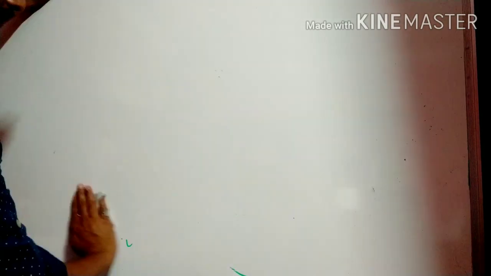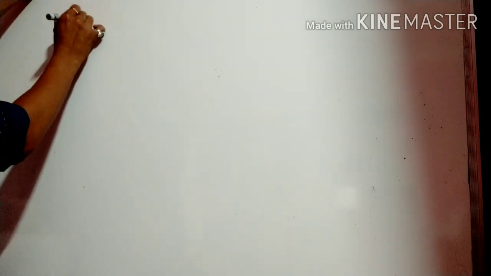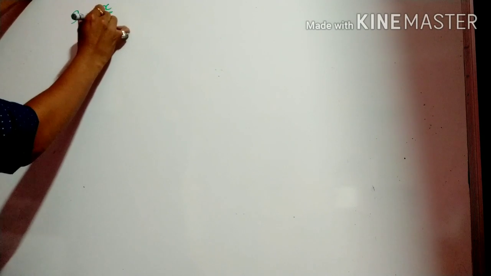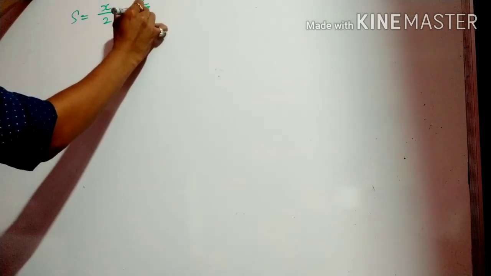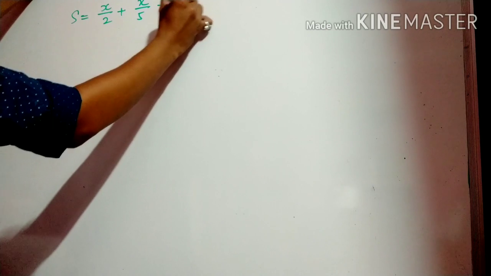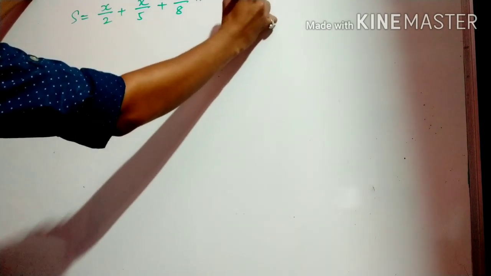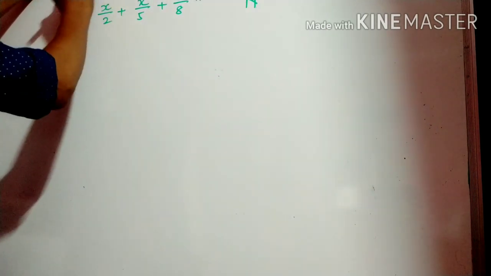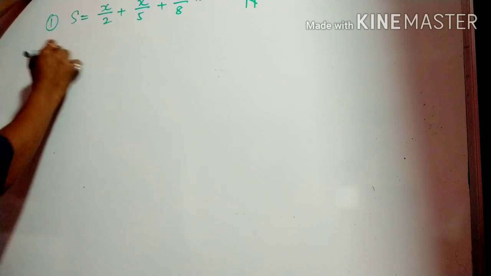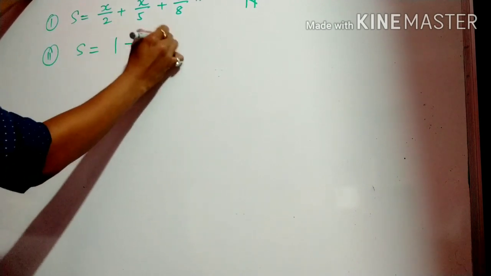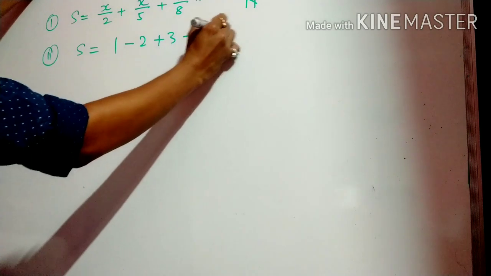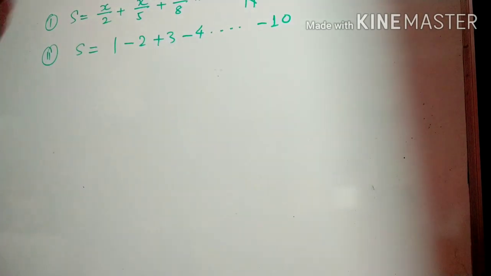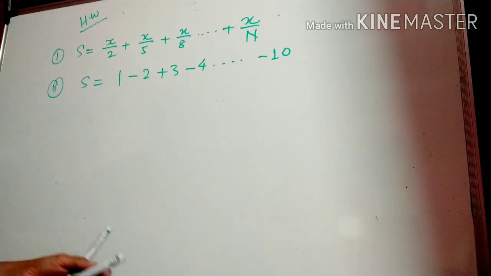Before that, you just do a few questions, revision of class 8. S is equal to x by 2 plus x by 5 plus x by 8 dot dot dot x by n. This is one homework. Number 2: S is equal to 1 minus 2 plus 3 minus 4 dot dot dot minus 10. This is the second homework.